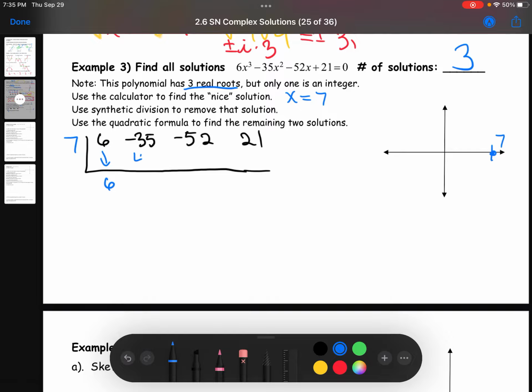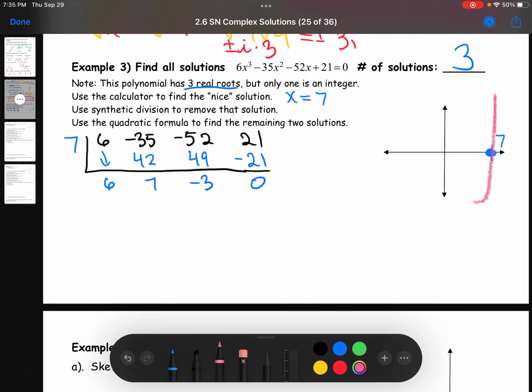So we'll have a 7 on the outside. Bring down the 6. Times 7 is 42. Add, we get 7. Multiply, 49. Add, we get negative 3. Multiply, negative 21. Add, we get 0. Now, we're not surprised we got 0 because we knew we had a root at x equals 7.